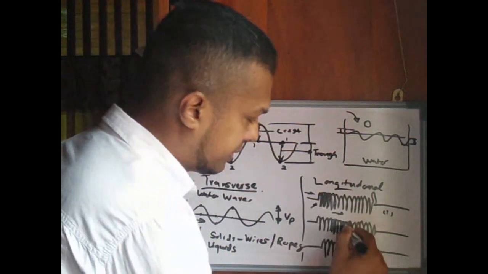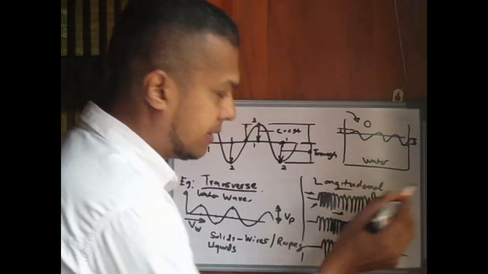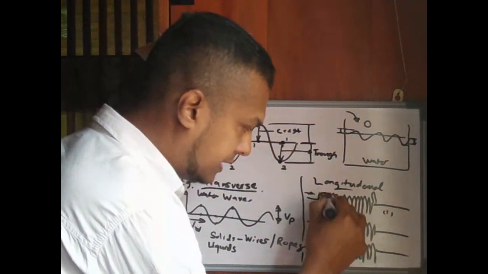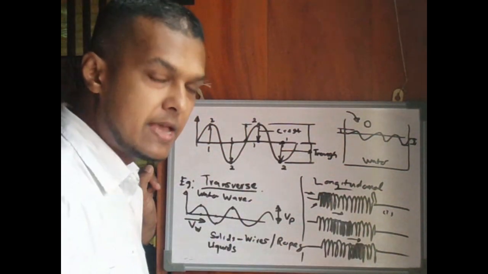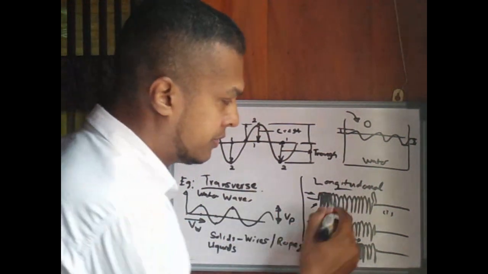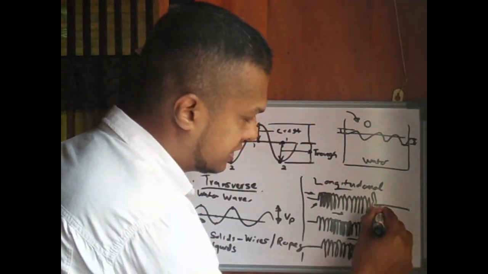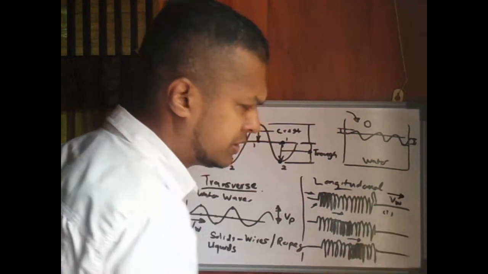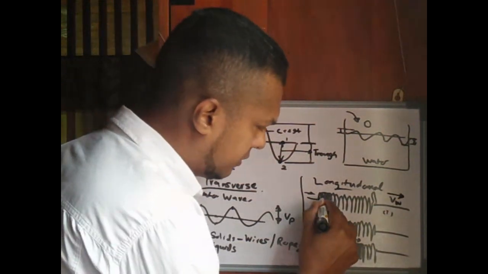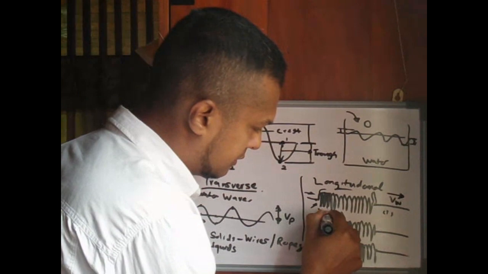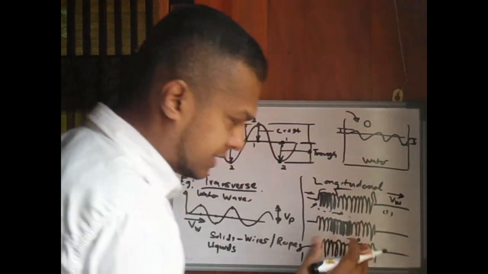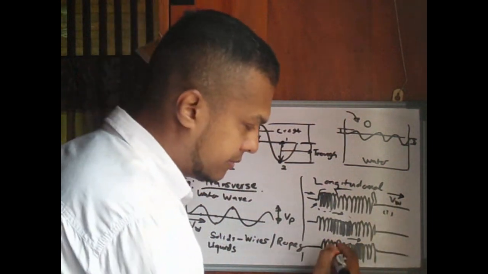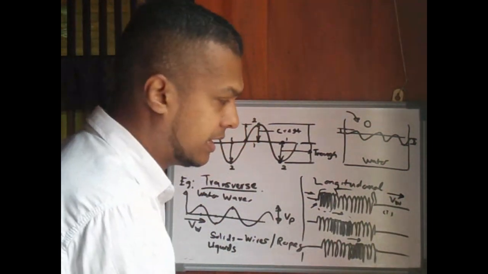So in longitudinal waves, the actual motion of the particles is the same as the motion of the wave. The wave moves in this direction, and the particle, this black spot, that compression spot, also keeps moving forward in this scenario.